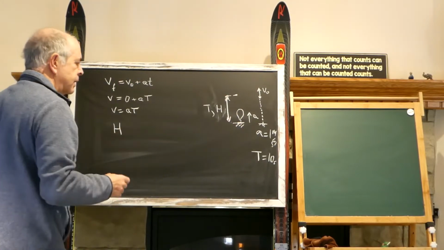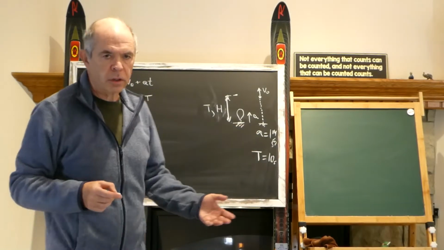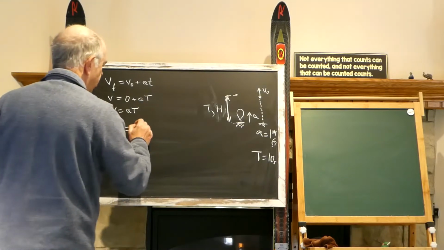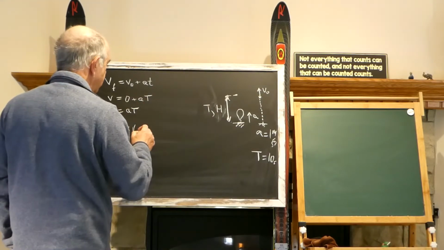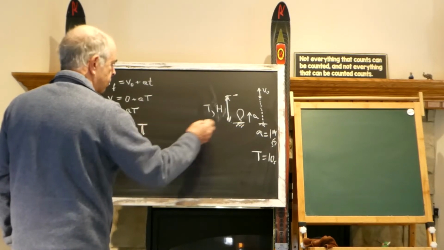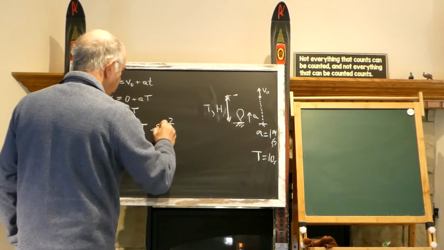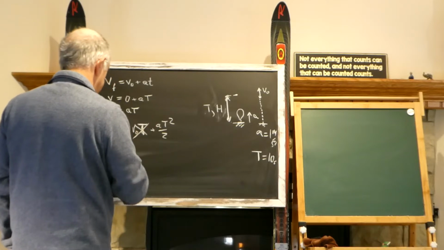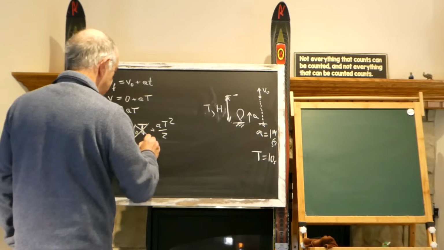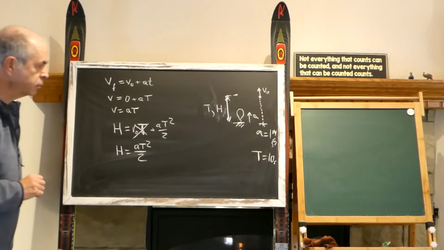What can we tell about the height if we know acceleration and T? Of course, pause, you should write it. Initial speed of the balloon, which is 0, multiplied by T, time is given, plus aT squared over 2. This is gone because it just starts with 0 initial speed, so we have H equal aT squared over 2.